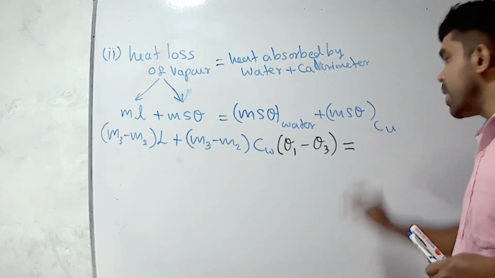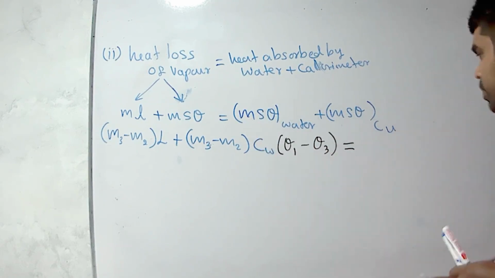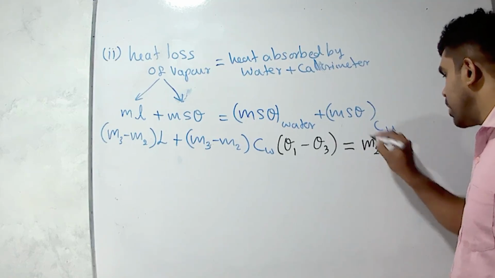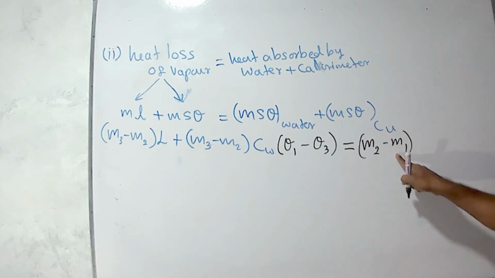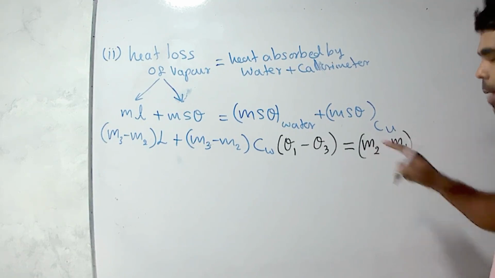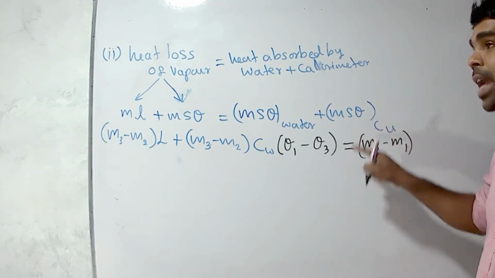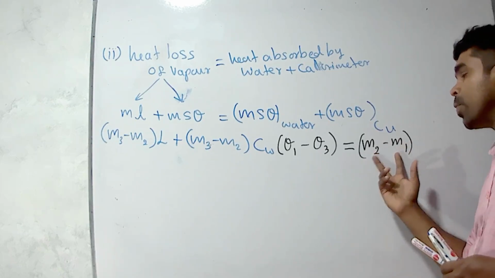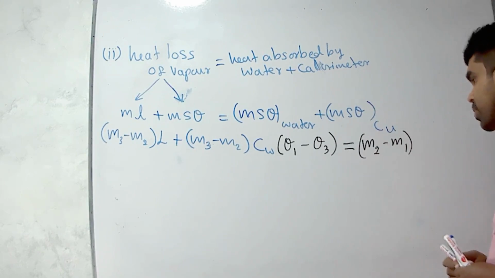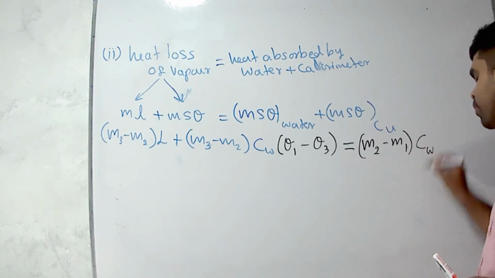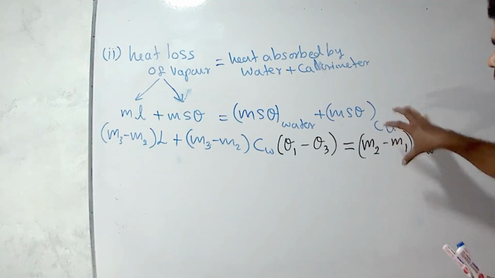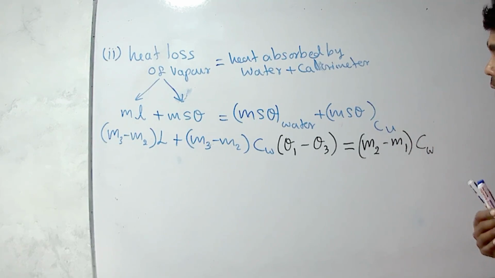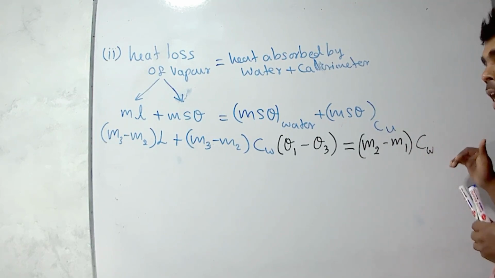Then it should be equal to the initial water mass. We can substitute M2 minus M1. M1 means the mass of calorimeter and stirrer. M2 means the mass of calorimeter, stirrer and initial water mass. The difference of these two readings is the water mass. Specific heat capacity of water Cw. Water in the calorimeter is increasing its temperature from theta 2 to theta 3.